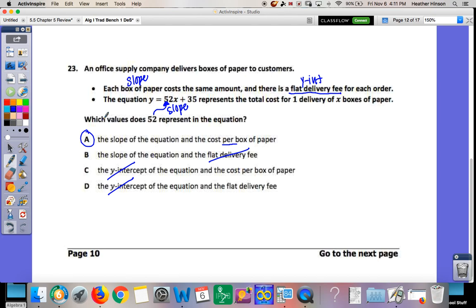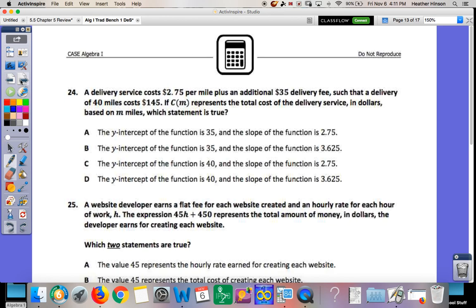24. A delivery service costs $2.75 per mile plus an additional $35 delivery fee, such that a delivery of 40 miles costs $145. If C of M represents the total cost of the delivery service in dollars based on M miles, which statement is true?